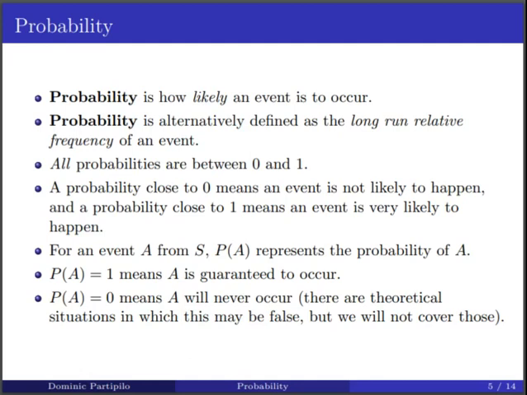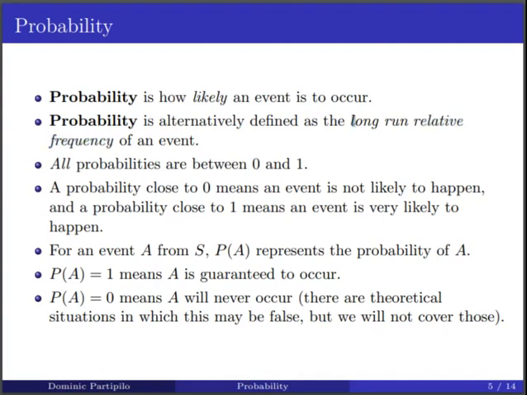But if we look at this in terms of relative frequencies, remember the relative frequency is the frequency divided by the total number of observations. So if we flip the coin 10 times and we end up with 7 heads, that's totally within the realm of possibility. But our relative frequency there would be 0.7.